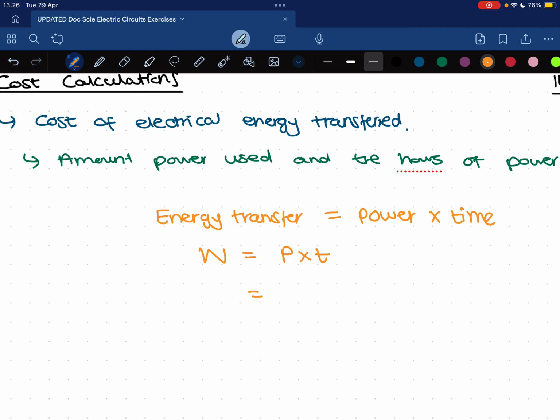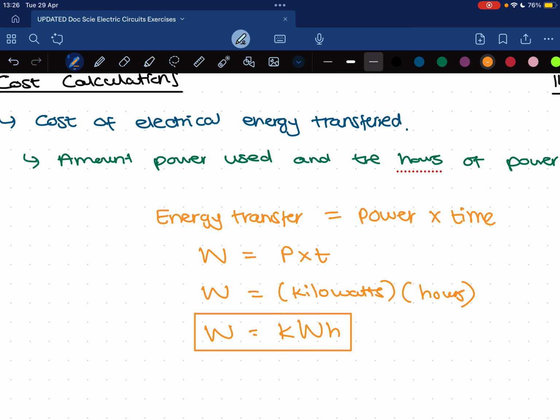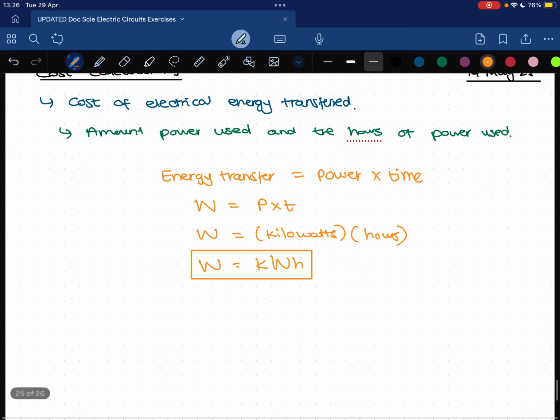Now, the power in these calculations is always going to be in kilowatts, and the time is going to be in hours. And this is only when we are calculating costs, and that's why we use kilowatt hours. Okay, so this is only specifically for cost calculations, but not for the other calculations.